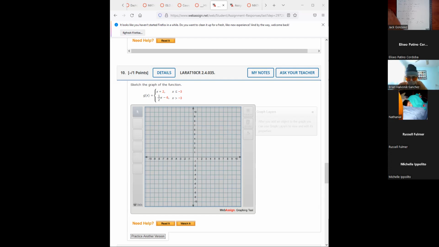If I plug in -2 there, that would be -1 minus 4, which is -5. So -2, -5 would be here. But it needs to be open. So right there.